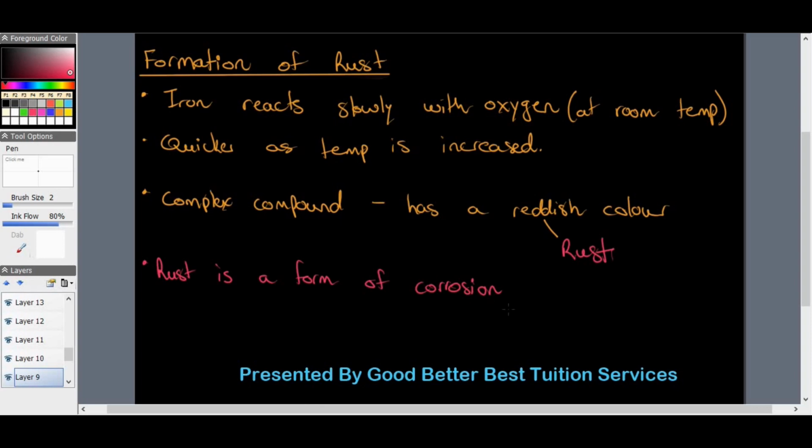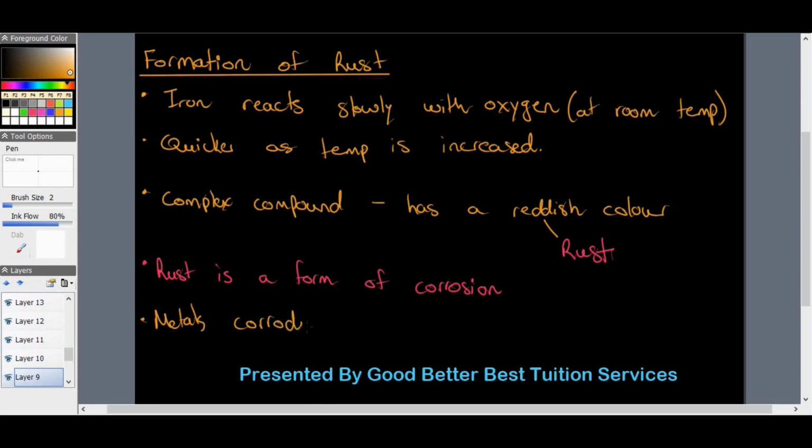Just a side note about what corrosion is: corrosion is the reaction of the surface of a substance, such as a metal, with air, usually to form an oxide. Metals corrode faster if they are wet, or if the air contains acid pollutants such as sulfur dioxide.